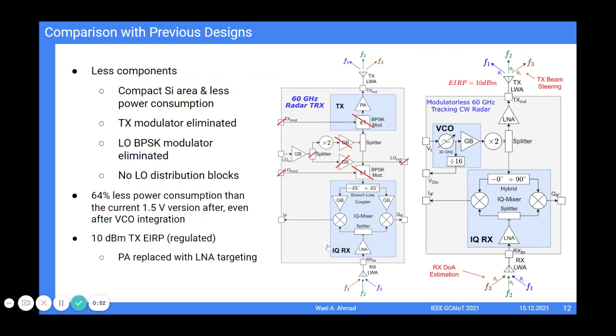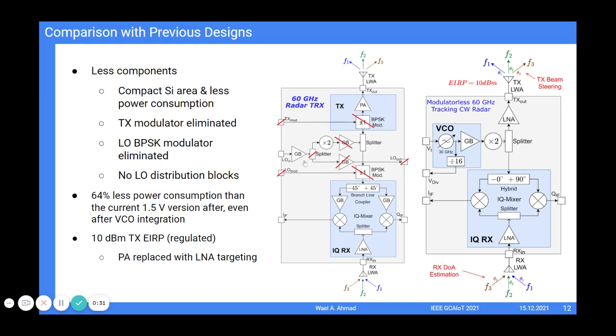Here I am comparing two transceivers. The normal transceiver we are using for the multi-mode architecture and the proposed one. We can see we saved all the modulators in the TX and RX. Here we were using two BPSK modulators.